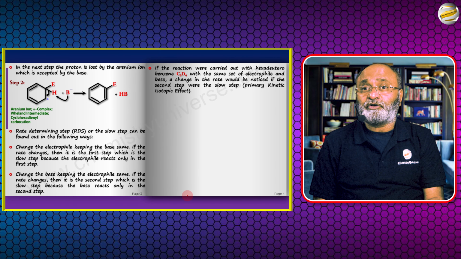So by putting an electron releasing group, if the rate becomes faster, the first step is a slow step. But if I find that putting a releasing group, or for that matter, a withdrawing group, doesn't change the rate of the reaction at all, meaning making benzene electron rich or poor is not going to affect the rate of the reaction, obviously, the first step is not the slow step.